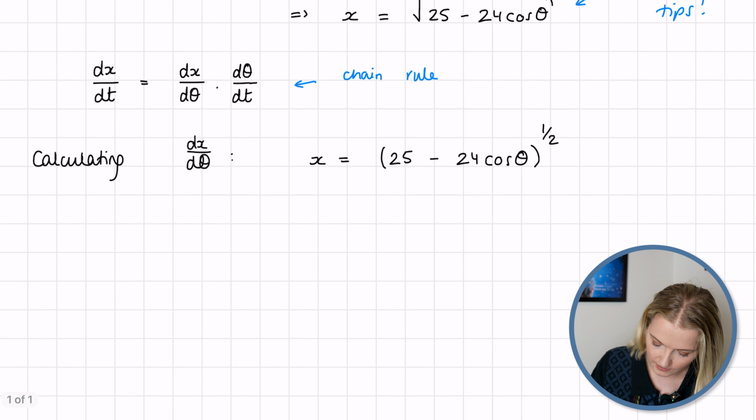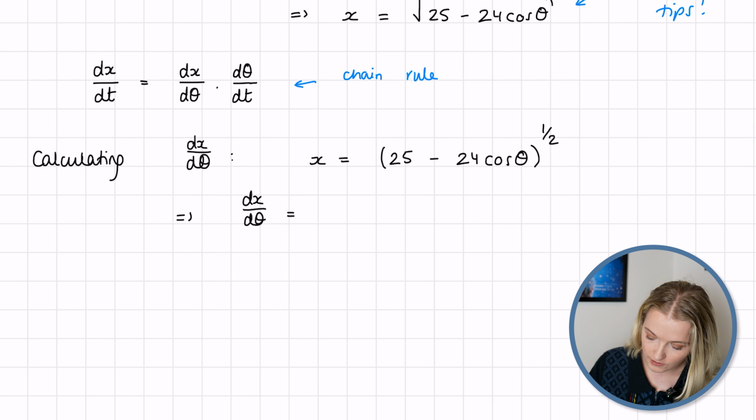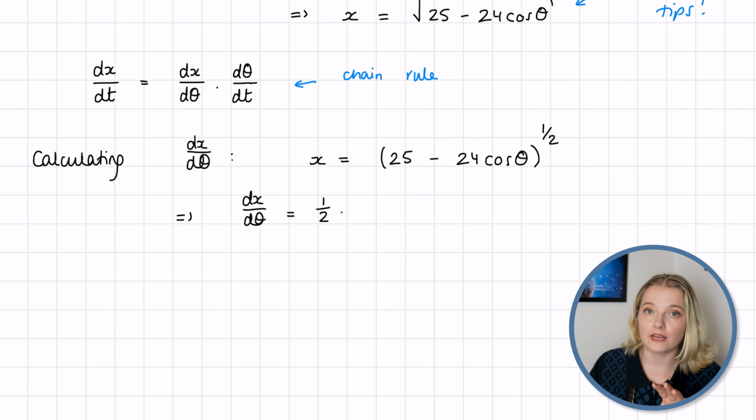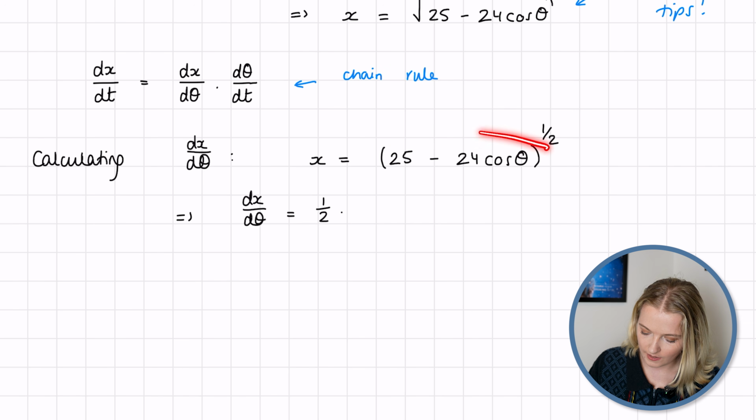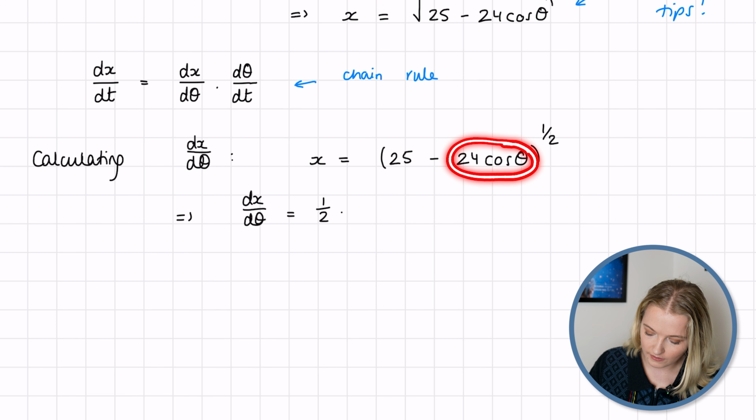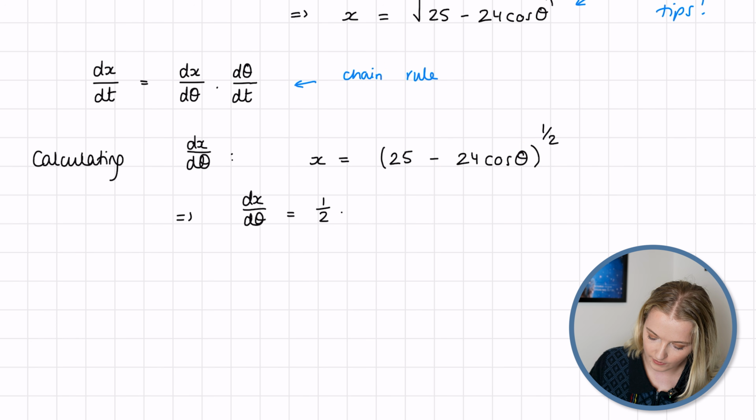And so if we were to differentiate this, so dx by d theta, well, we'd take this power and we'd multiply. So we'd have a half multiplied by everything that was already there, multiplied by the differential of the theta in here. So we would have a half multiplied by minus 24.